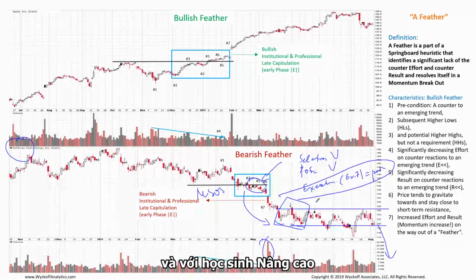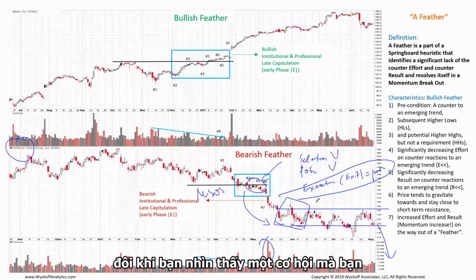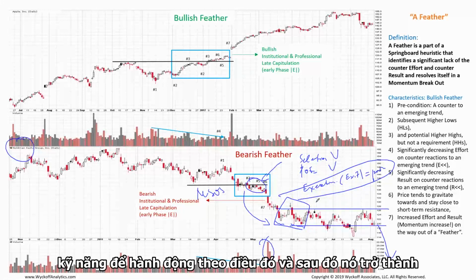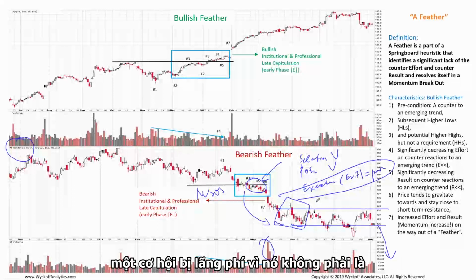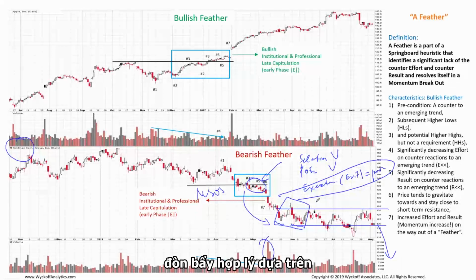And with advanced students, this is a common mistake. Sometimes you see an opportunity, you recognize it, you have the knowledge and skill to act on that, and then it becomes a wasted opportunity because it was not properly leveraged based on the contextual risk that was present at that time.